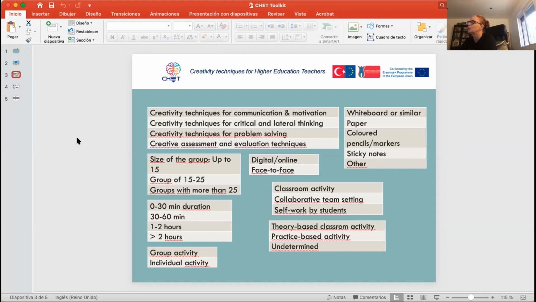Of course, you can adapt it yourself, but we thought that bearing in mind the duration of classes and the trainings you do, we would divide between very short and quick exercises and activities, and those that take more than 2 hours and can even stretch over days, as in the experience which I think it was Lina or Aglia who presented, the activities they do that stretched over more than 1 day.